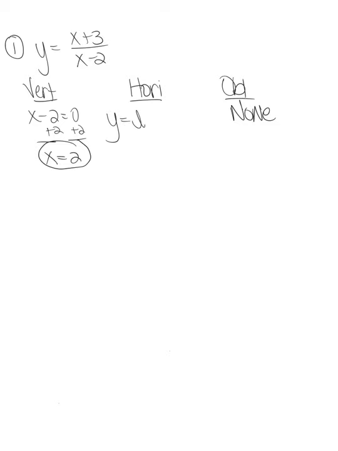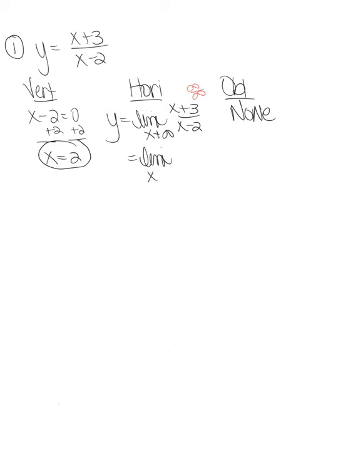First off, we're going to look at y equals the limit as x approaches infinity of our function, x plus 3 over x minus 2. Of course, if I try a direct substitution on this, I am going to get that indeterminate form, which is infinity over infinity. So what we're going to do instead is divide through by the highest power of x.